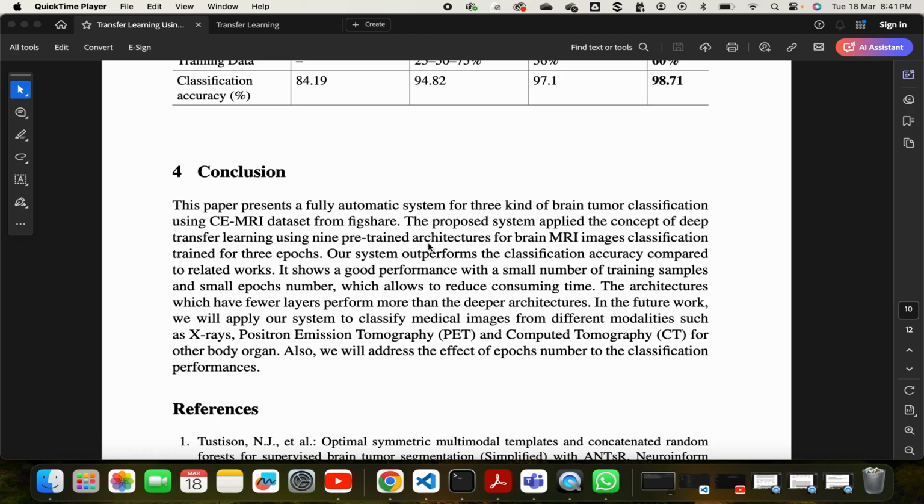The result shows that shallower networks perform better than deeper networks for this task, particularly due to the small dataset. For future work, this model will be extended to classify other medical images such as X-rays, PET scans and CT scans. Additionally, further research will explore the impact of the number of training epochs on classification performance.